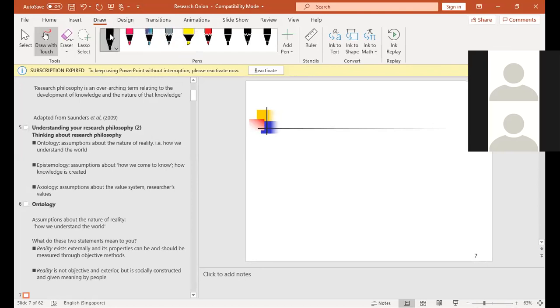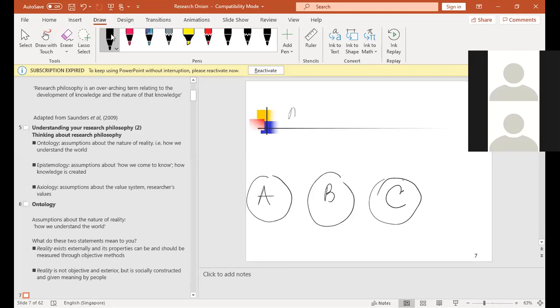I have 3 companies called A, B, C. These are the companies. They have the same common problem of employee motivation. What theories would you use to explain this situation? That's what I'm asking.